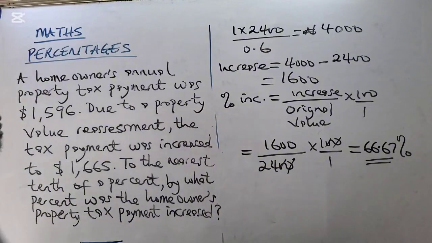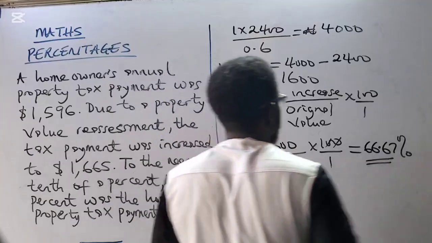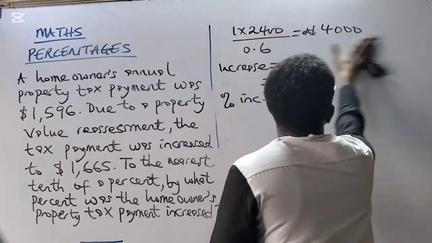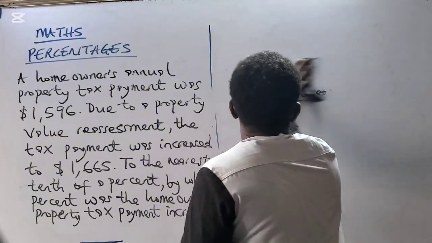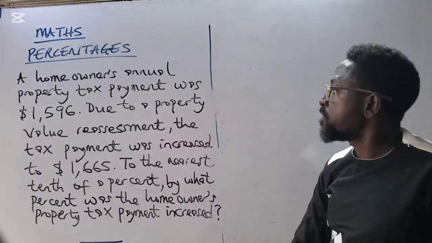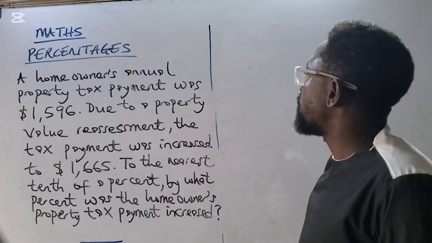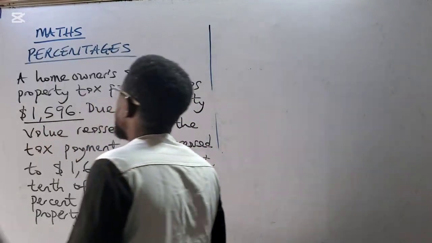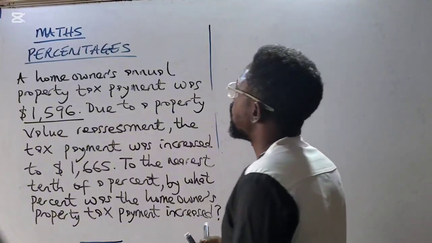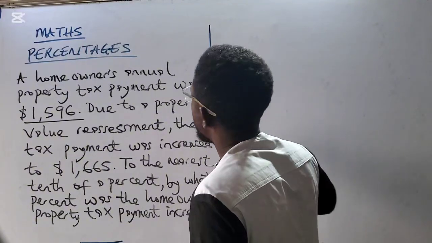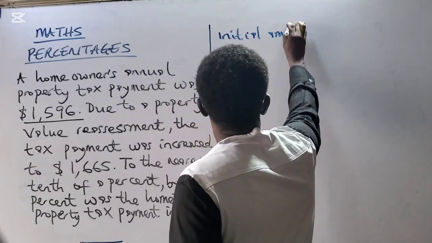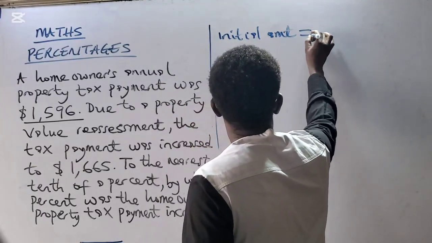Now, let's take a look at this question. It says a homeowner's property tax payment was 1,596. That was the initial amount.